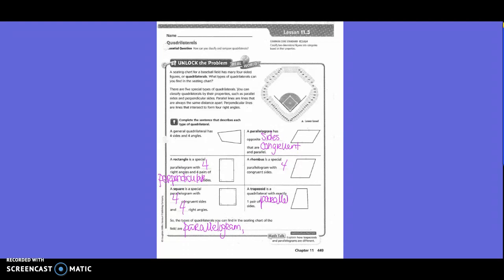You can see a rectangle. A rhombus. A square. And a trapezoid.